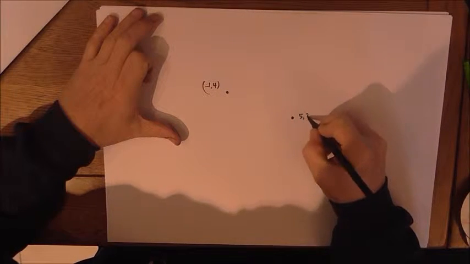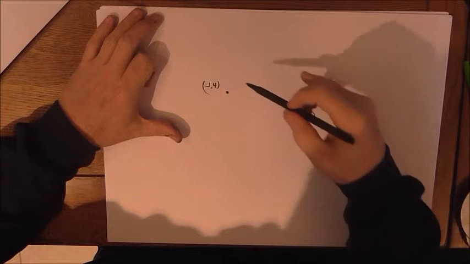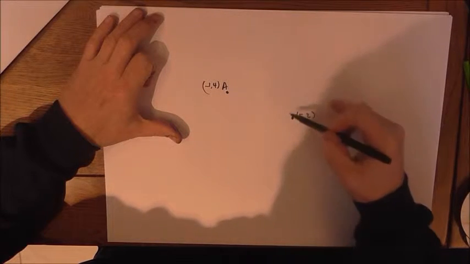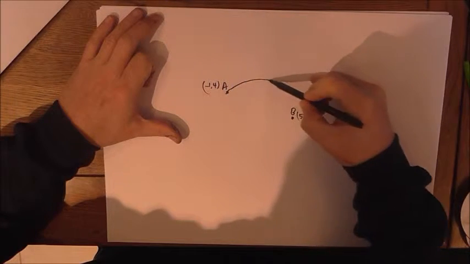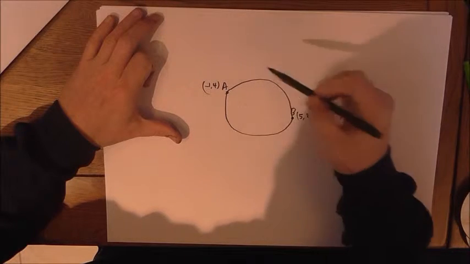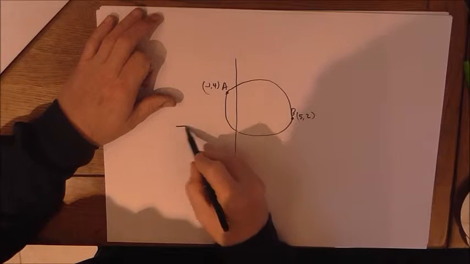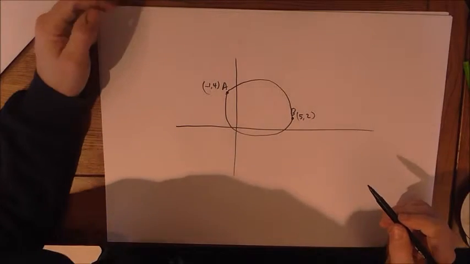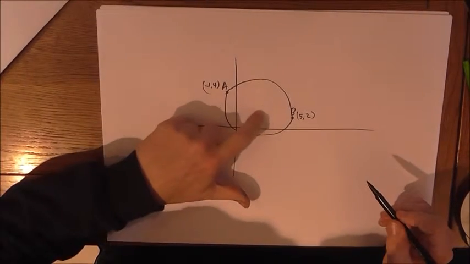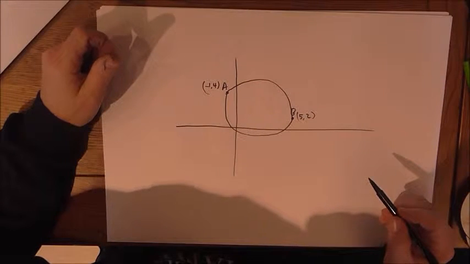We are told that AB is the diameter of a circle. This is me completing the circle. That's me drawing a diagram.